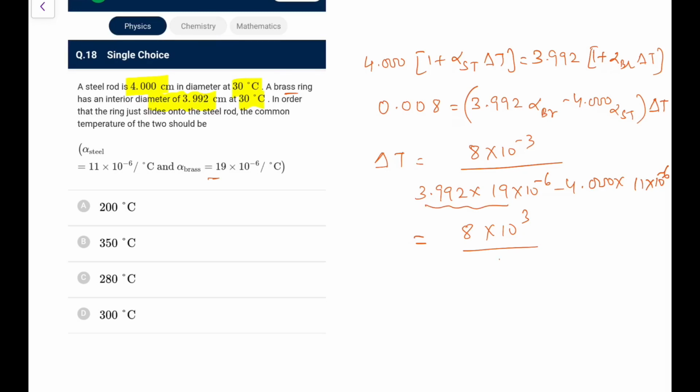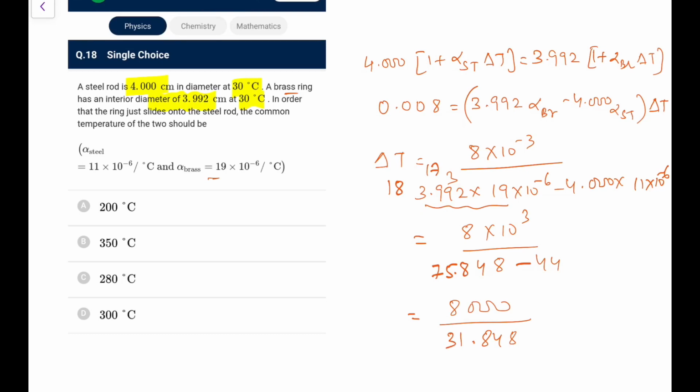Now 19 2s are 38, 19 9s are 171 plus 3 is 174, then again 171 plus 17, that is 188, 19 3s are 57, 57 and 18, you write it as 75. So it is 75.848, and 11 4s are 44. So it is 8000 divided by 31.848, which gives about 251.2.